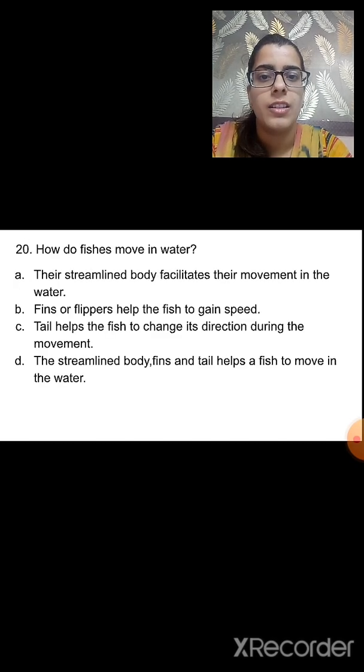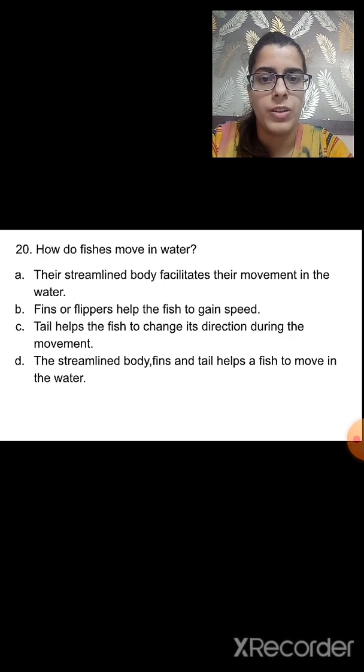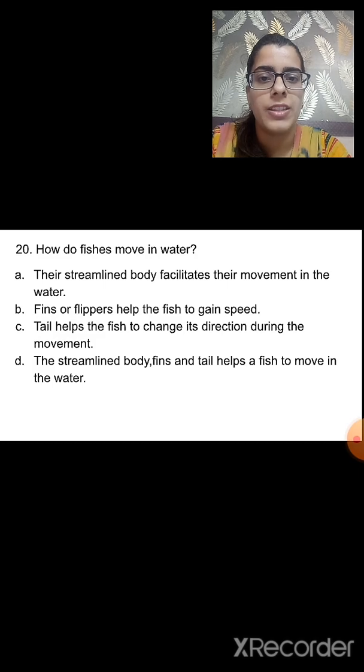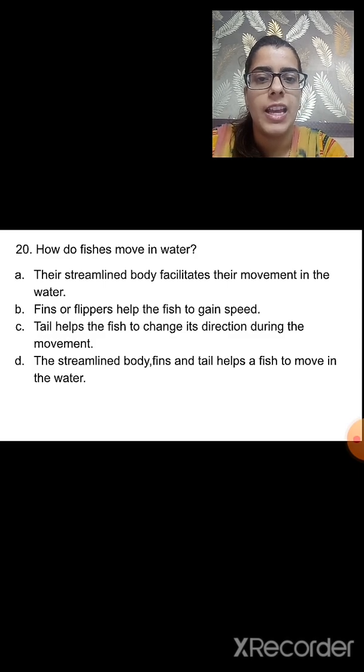20. How do fishes move in water? So you have to tell, how do the fishes move in water? A. Their streamlined body facilitates their movement in the water. B. Fins or the flippers help the fish to gain speed. C. Tail helps the fish to change its direction during the movement.